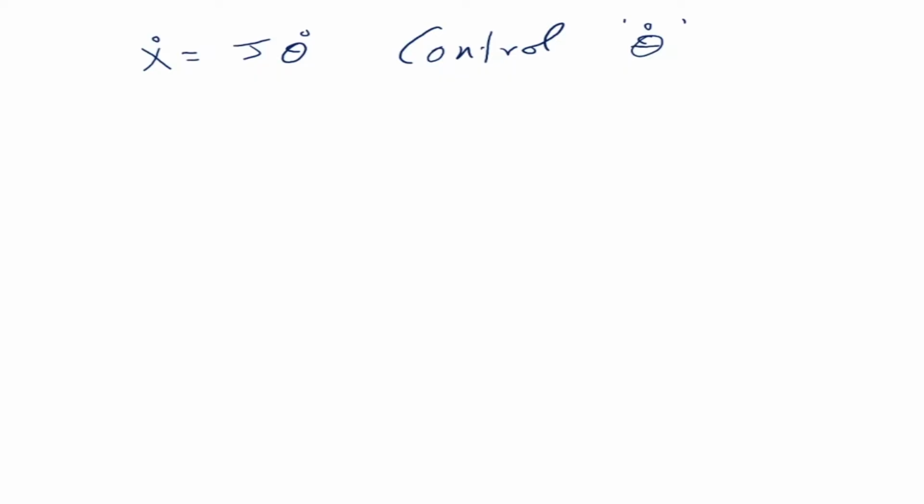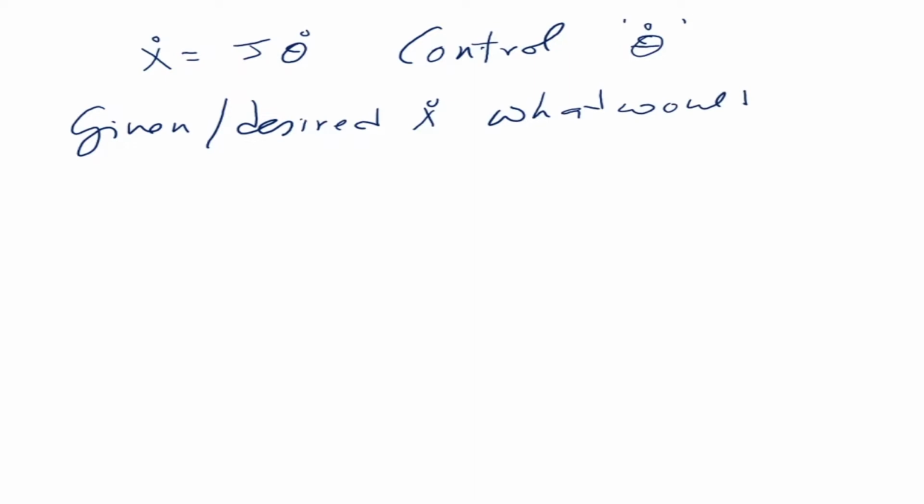When we control the joint velocity, we get a particular end effector velocity. Now suppose for a given or desired x dot, what would be theta dot? That means for a desired velocity of the end effector.